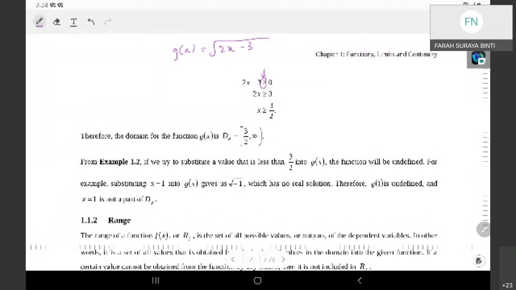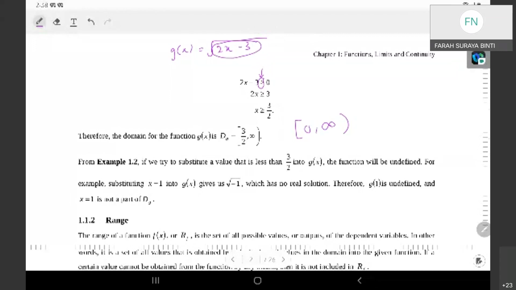But in this example, example 1.2, domain is only the list of numbers starting from 3 over 2 until infinity. Okay, memang kita kata kalau ada square root, nombor dia tak boleh negatif. Tapi tak bolehlah domain dia jadi macam ni. Sebab kita kata tadi tak boleh negative numbers kan.